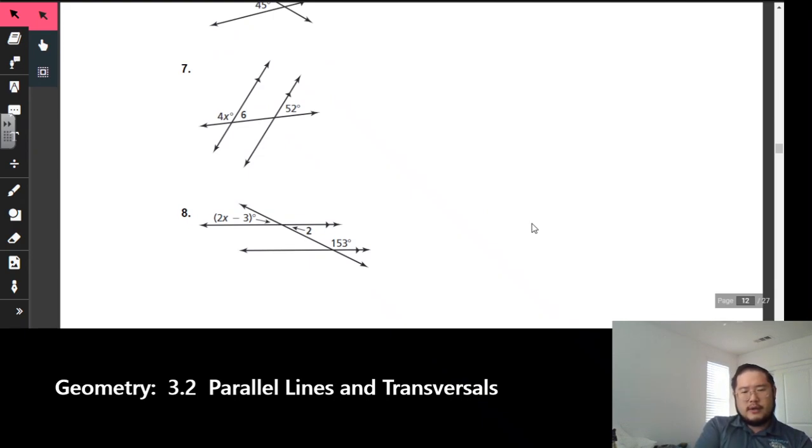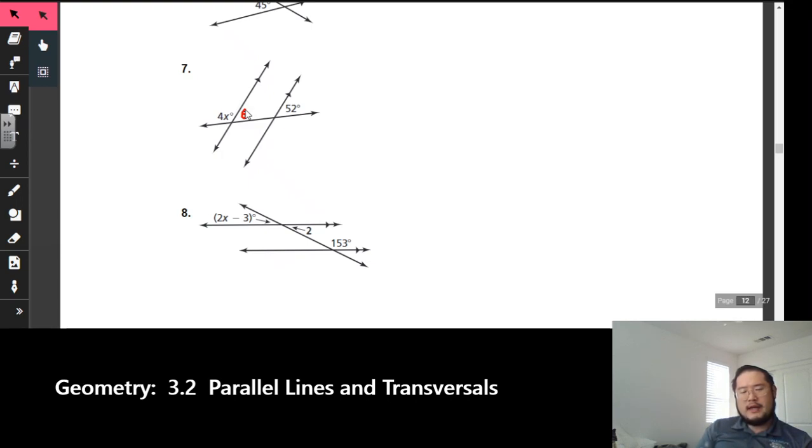All right, let's take a look at number 7. For some reason, they decided to label this angle right here 6. Don't know why, but they did. So let's see, what can we do here?